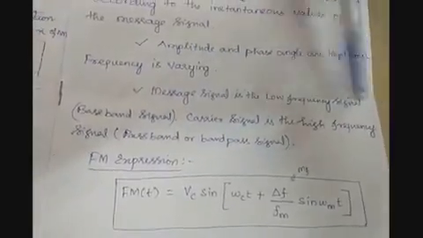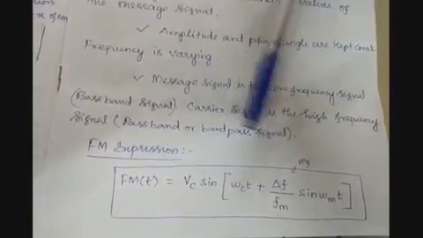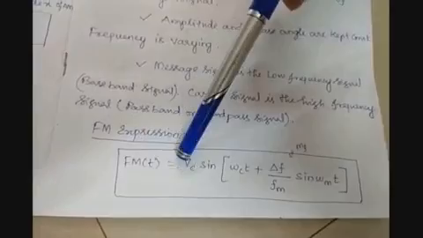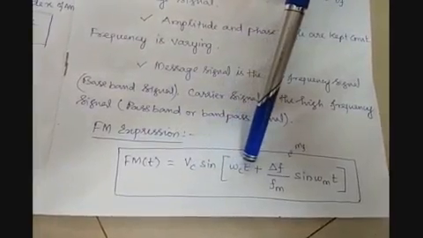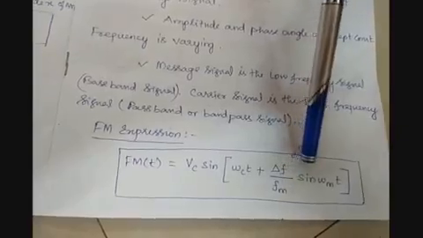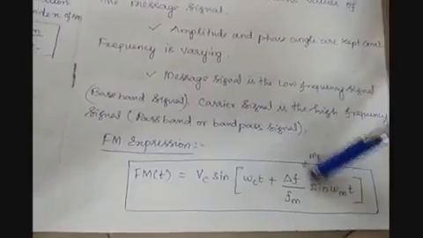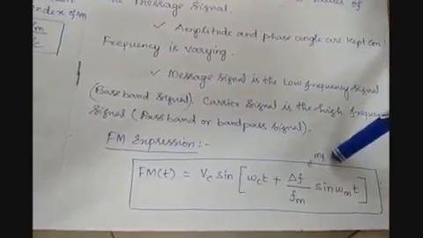The message signal is a low frequency baseband signal and the carrier is a high frequency passband signal. This we know already. The FM expression, you just write directly: Fm of t equals Vc sin of (omega c t plus del f by fm sin omega m t). And this del f by fm is MF, the modulation index.